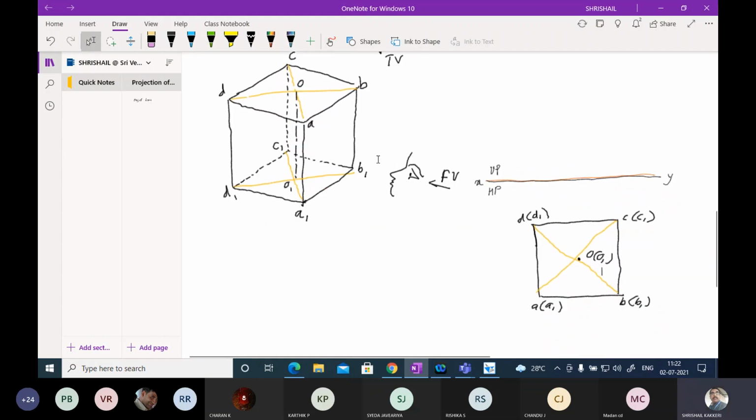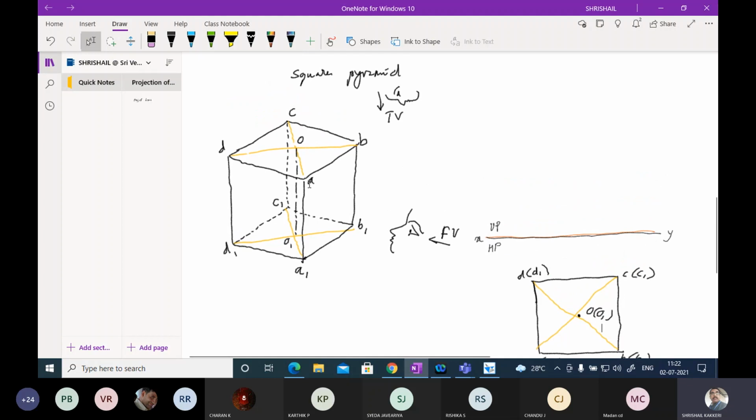I have written a square pyramid. From the top, if I see, this square will be visible. And this is point D, and below that D1 is there, so D1 in bracket, and A in bracket A1.